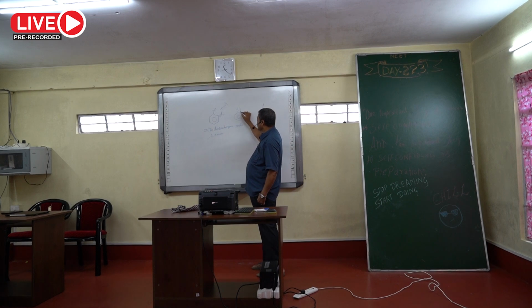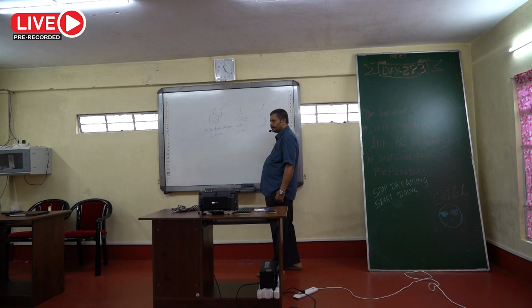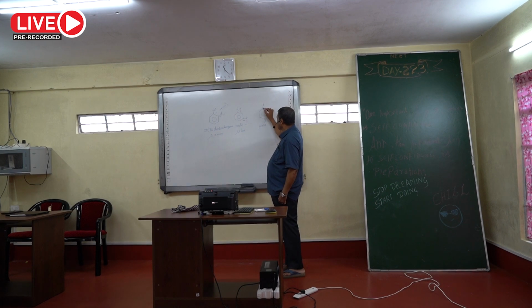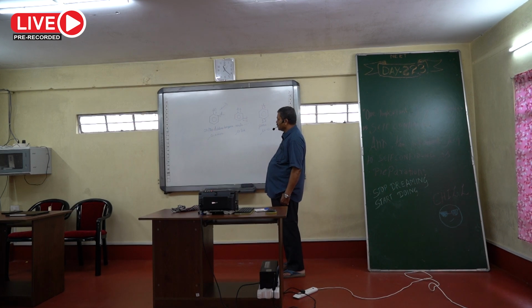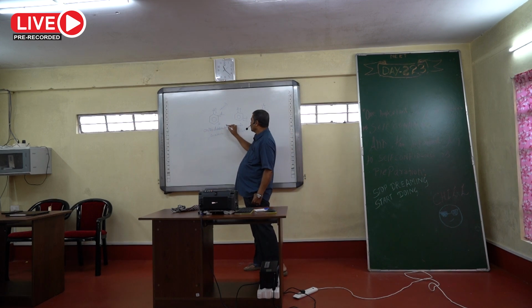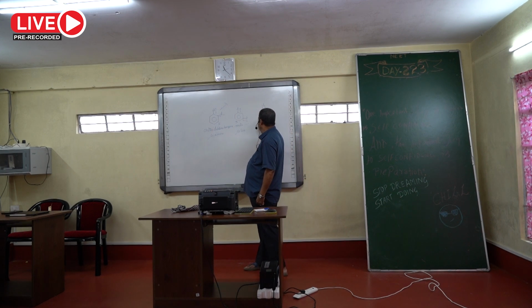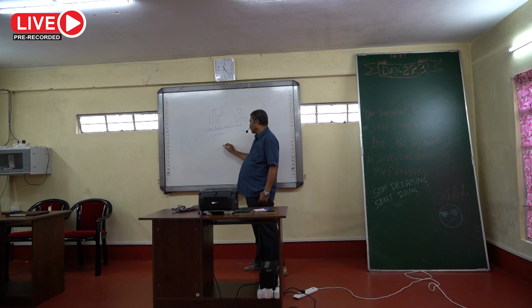Here mu is somewhat less because the vectors are not acting in the same direction. Here the two chlorines are exactly opposite. Mu is equal to 0. So if I give numbering 1, 2, 3, the mu order is 1 greater than 2 greater than 3.